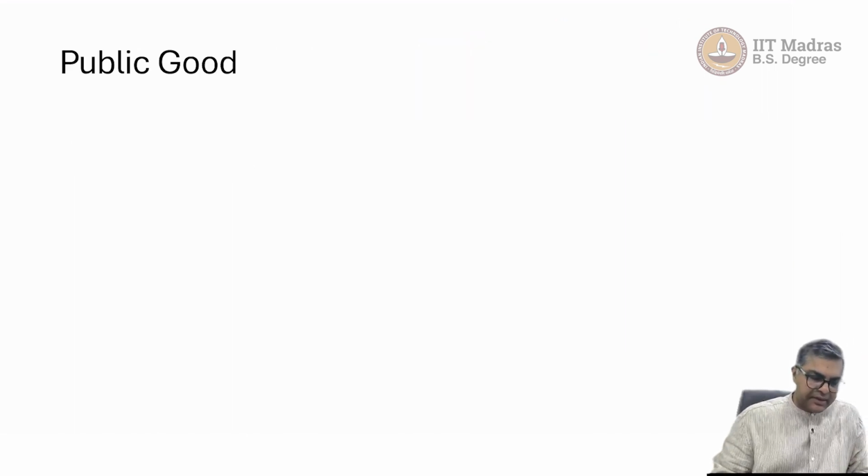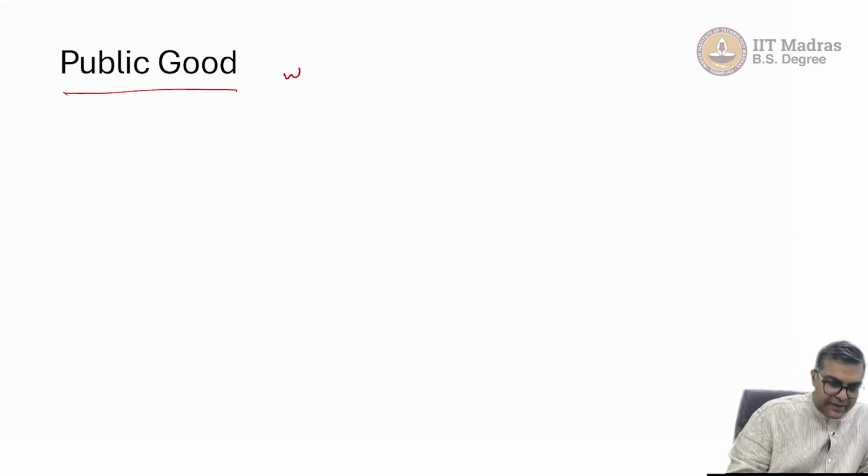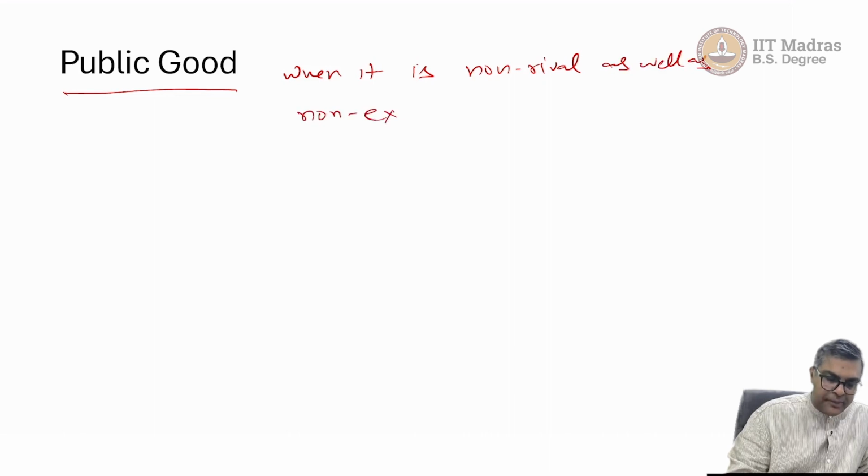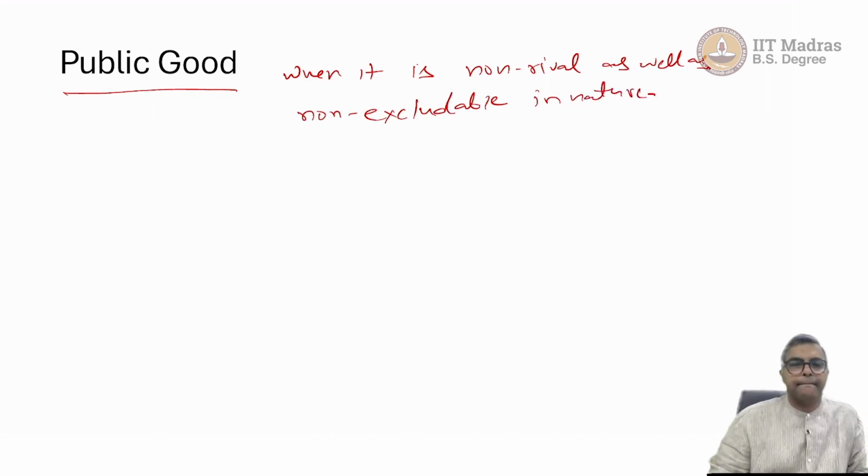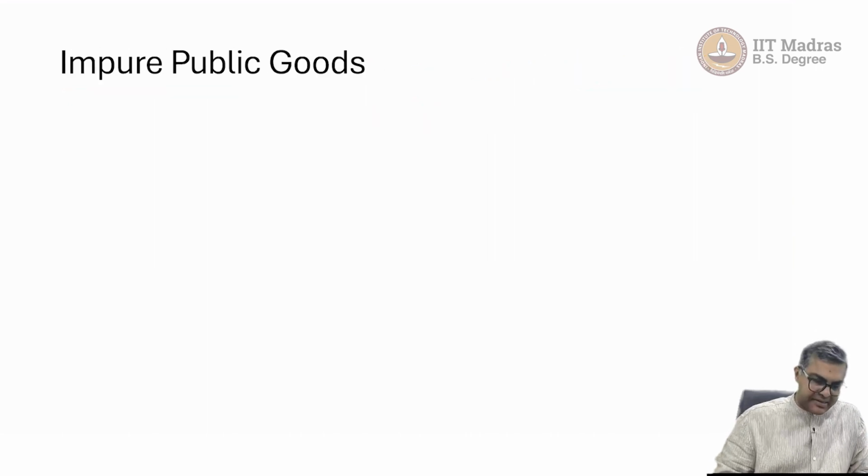And we say that a good is a public good when it is non-rival as well as non-excludable in nature. Fine. So as simple as this.